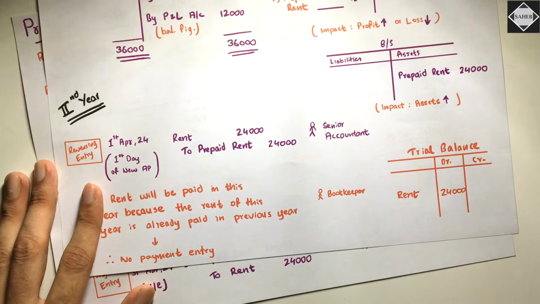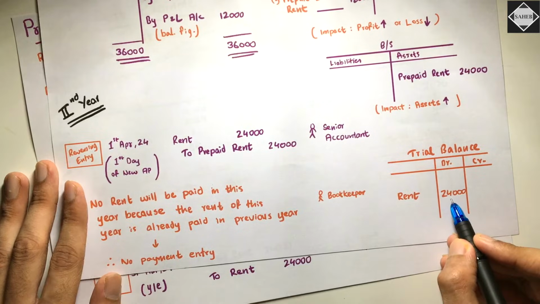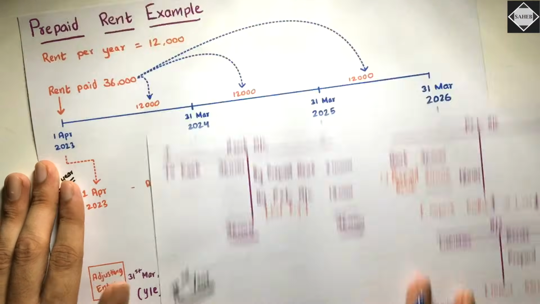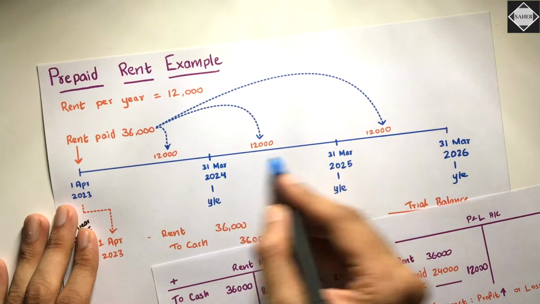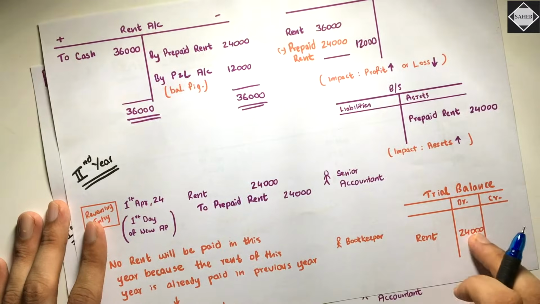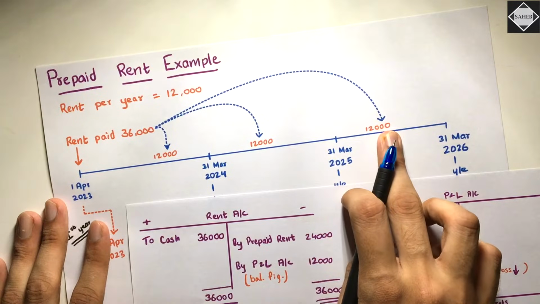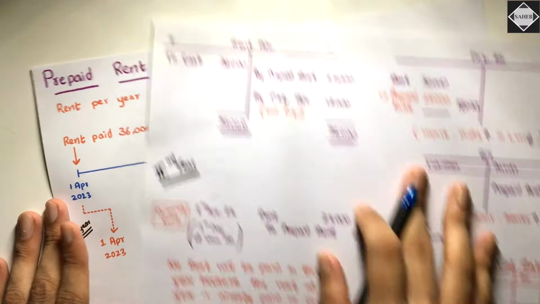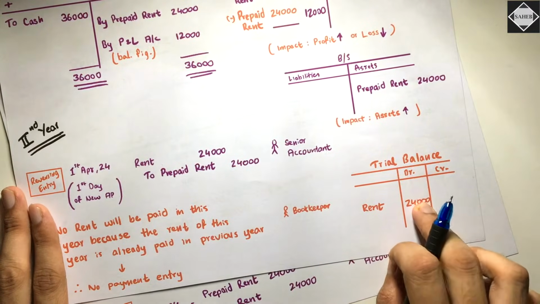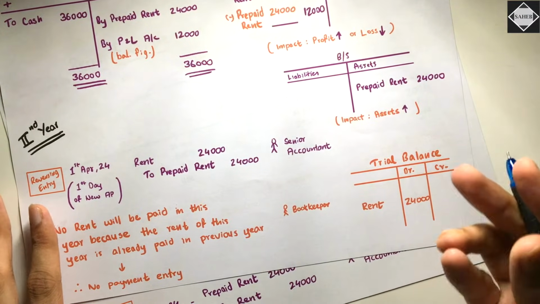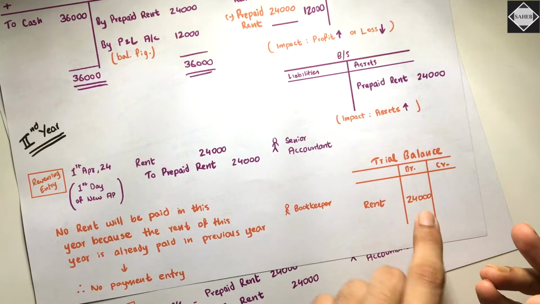But the senior accountant will come to know, see, 24,000 is not right. Out of this 24,000, only 12,000 relates to this year, this second year. Remaining 12,000 in this 24 is of future year. So what I have to do as a senior accountant? In this 24, 12,000 I have to record as prepaid expense, an asset, and the remaining 12,000 is what?